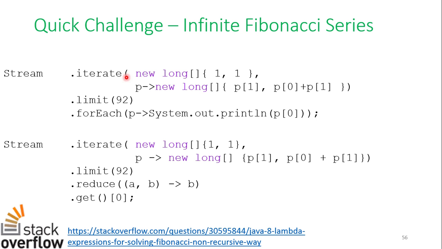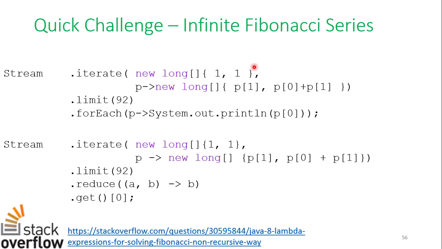So Stream.iterate, and because the Fibonacci numbers require us to keep track of 2 numbers in a row, the 2 last numbers we computed, we are going to store these into an array of 2 long values. So that's our seed for the call to iterate right here. A new array of long, which contains 1 and 1.